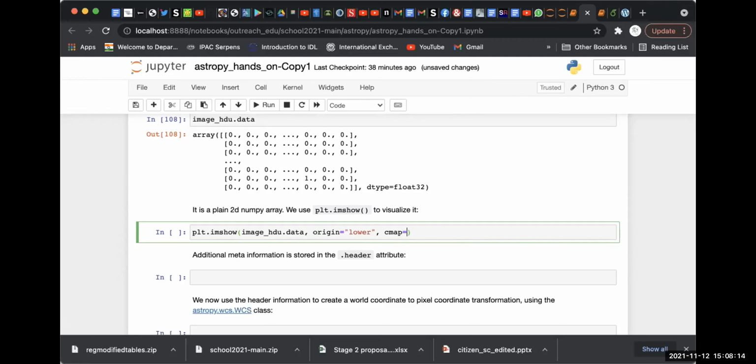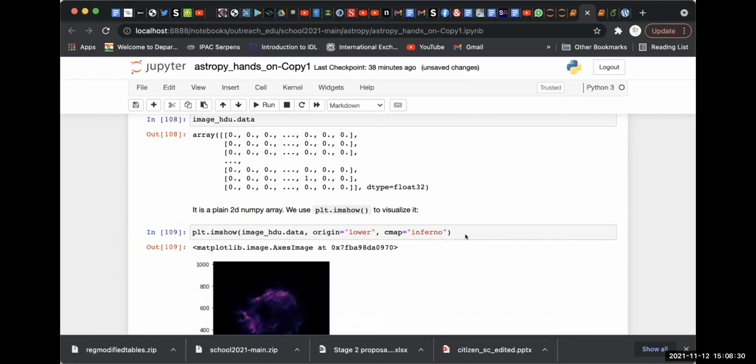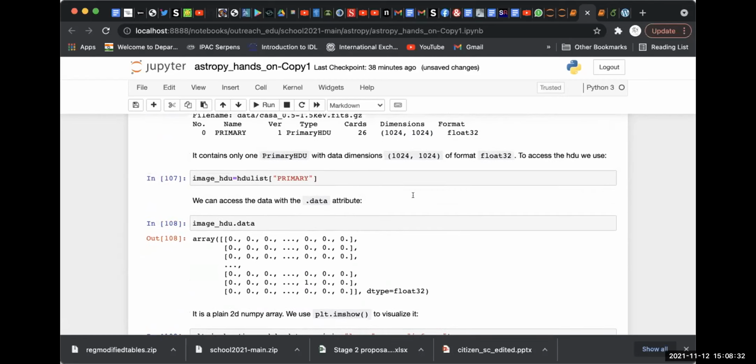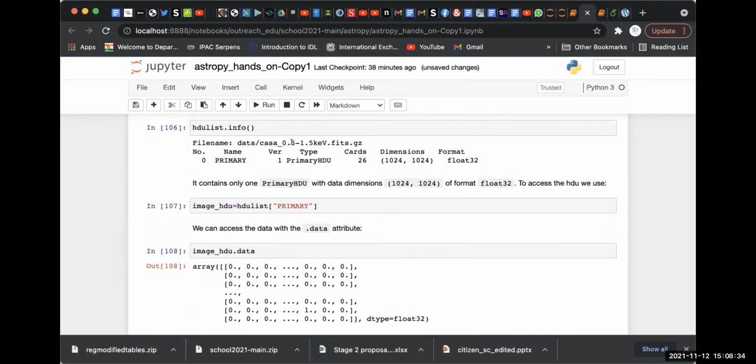These are all artificial colors. You must remember that this is Chandra data, so these are X-ray photons. They don't have a color. We are artificially using a color map. This data has an image from the range of 0.5 kilo electron volts to 1.5 kilo electron volts.